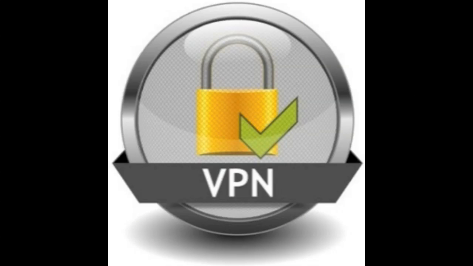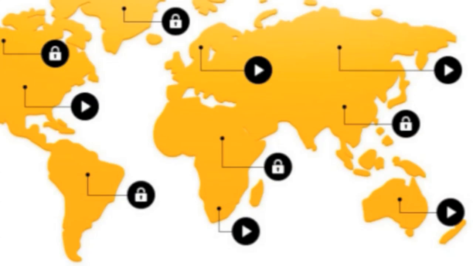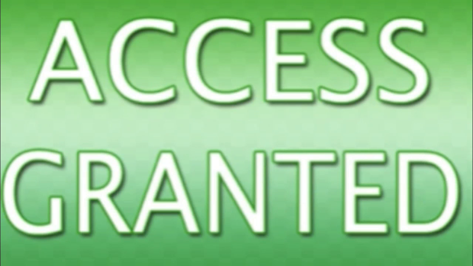A common method of getting around geo-blocking is through a VPN, as we discussed earlier, as it changes your IP and fools websites about where your geographic location is.